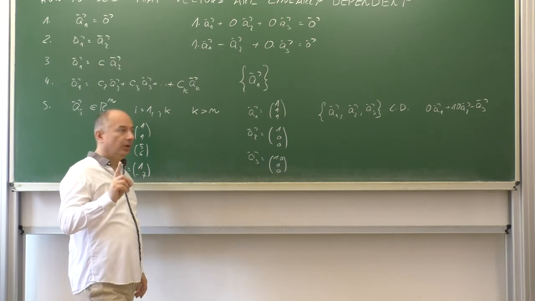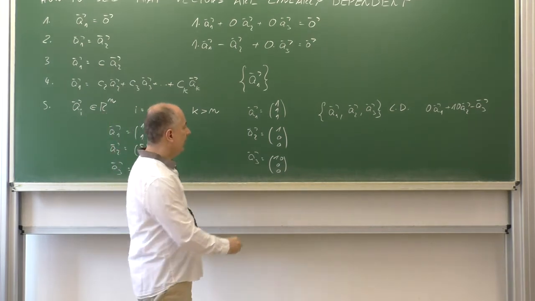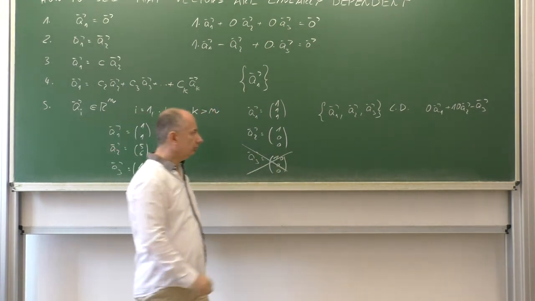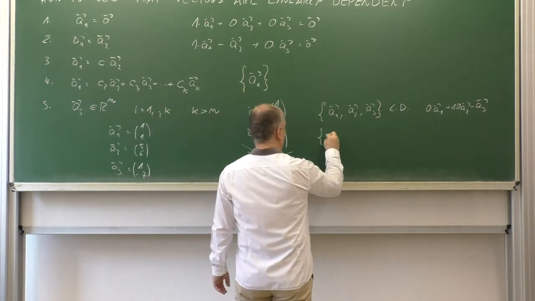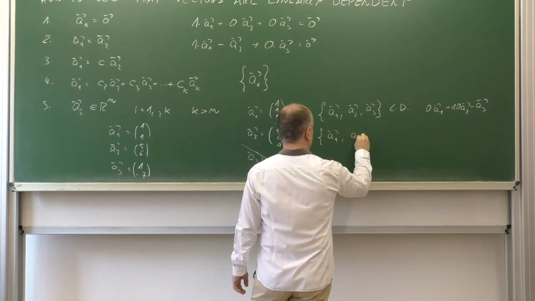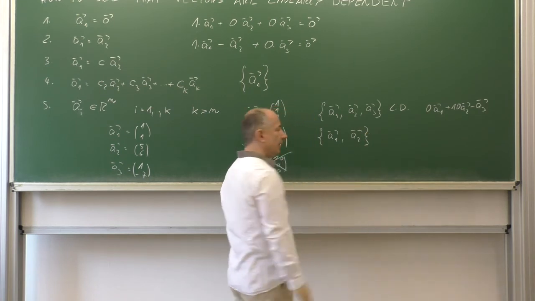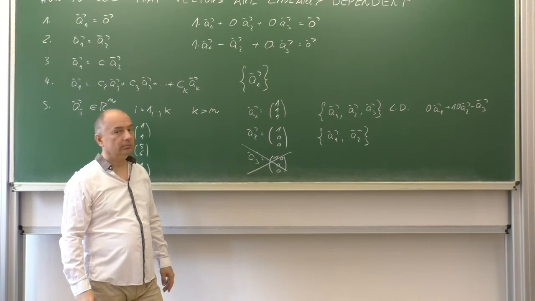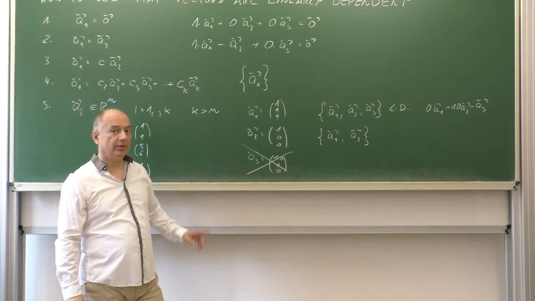Now, consider that we cancel a3. And the question is, what about the set having these two vectors, a1 and a2? Is this set linearly dependent or independent? You can stop me for a moment and you can try yourself.